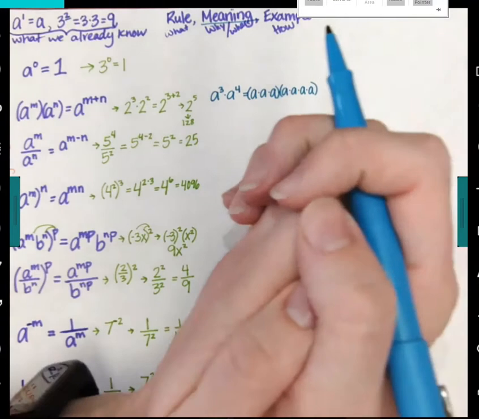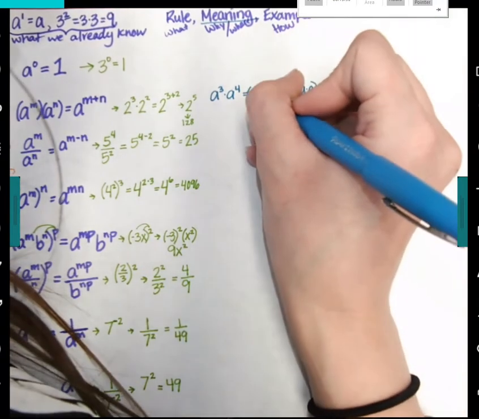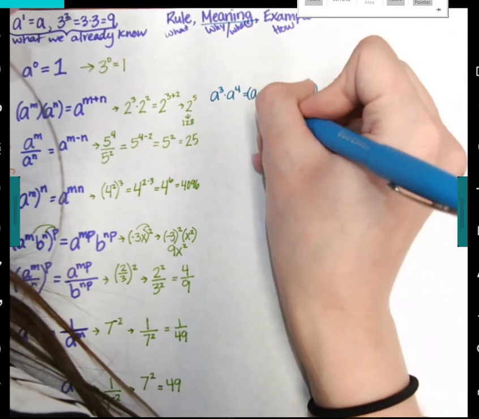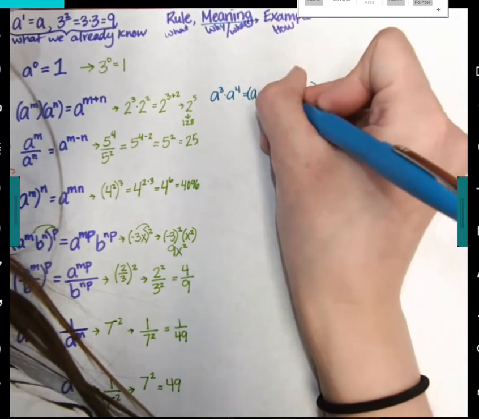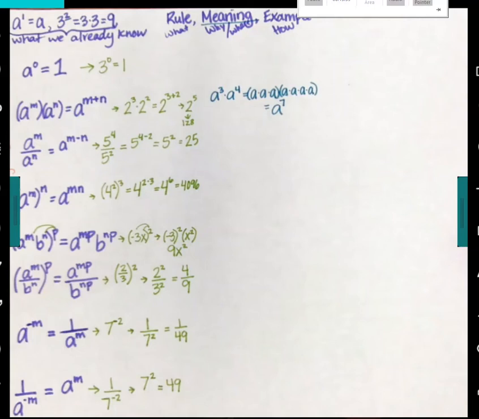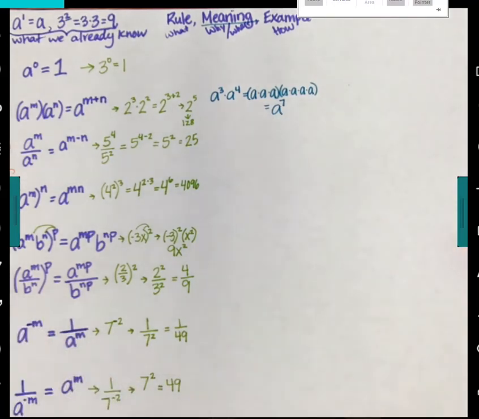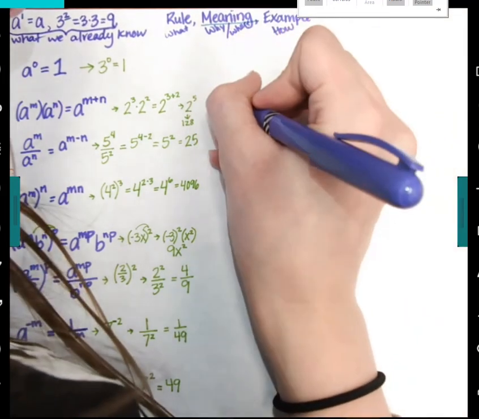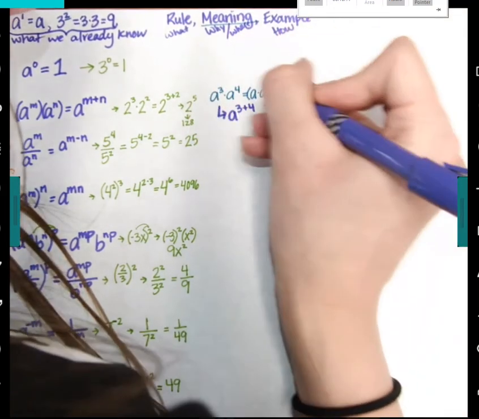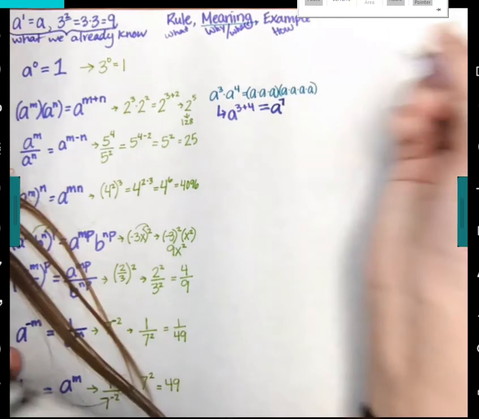Now if we want to bring it back together again, this is a to the 1, 2, 3, 4, 5, 6, 7. So we can accordion it out and then condense it, or if we just want to use our exponent rules, we can say this is a to the 3 plus 4, which equals a to the 7th.